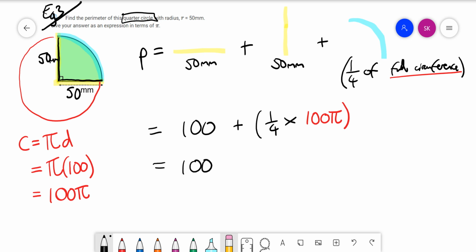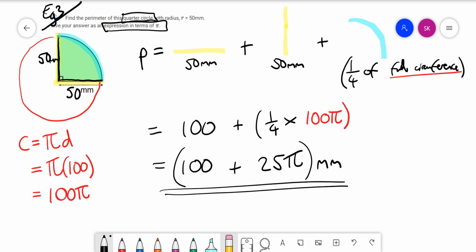You could have written it out as a fraction. And that is our full perimeter in terms of pi, which is what we have to do in the question. So again, pause the video and make any notes that you need to. Press play when you're ready to keep watching for, I believe, one more example.